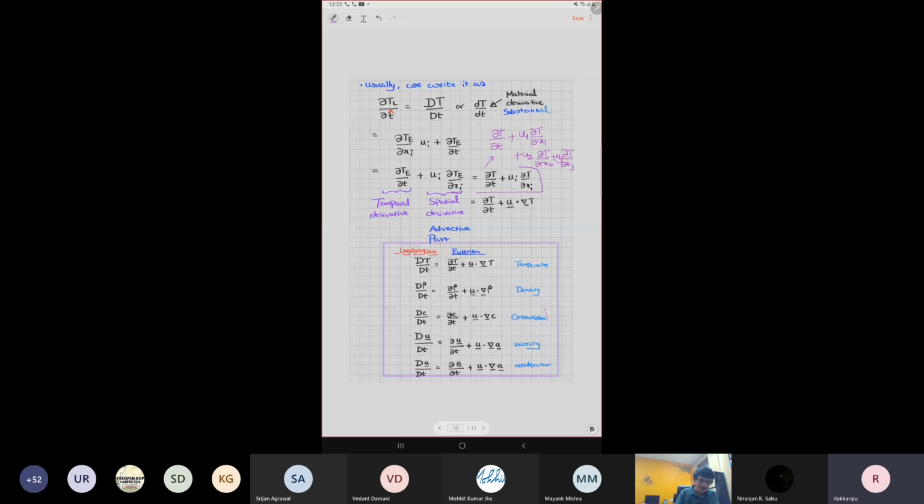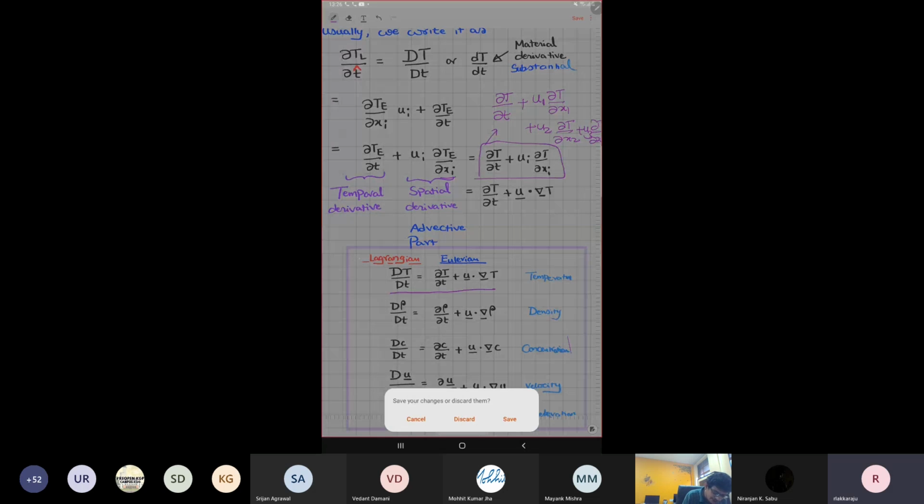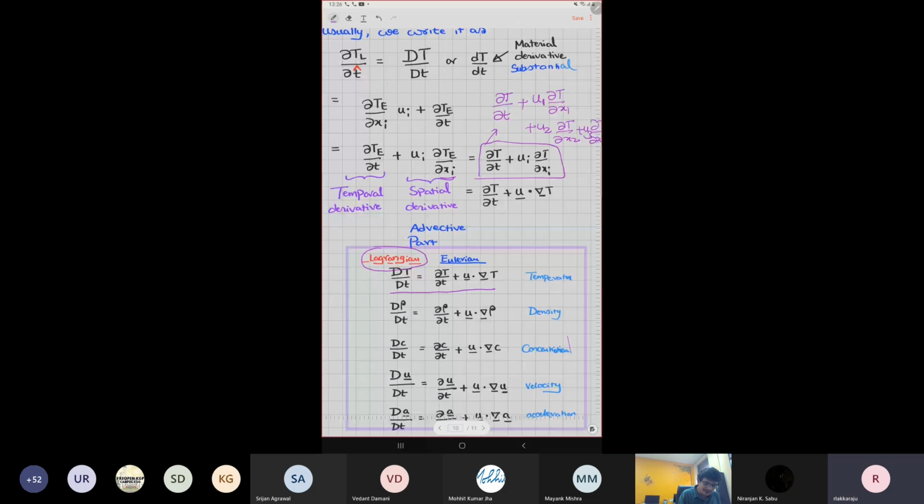So if I am going to rewrite this entire story for temperature, on the left hand side we are showing Lagrangian. On the right hand side we are showing the Eulerian field description. dT by dt, the Lagrangian variation in temperature, is equal to the Eulerian variation del T by del t plus u dot grad T. Again, this is a shorthand notation. Now you are already familiar with vector calculus and differential notation.